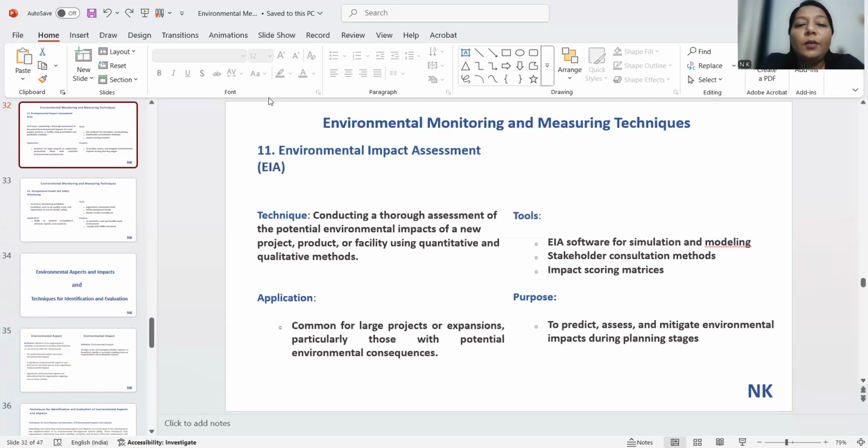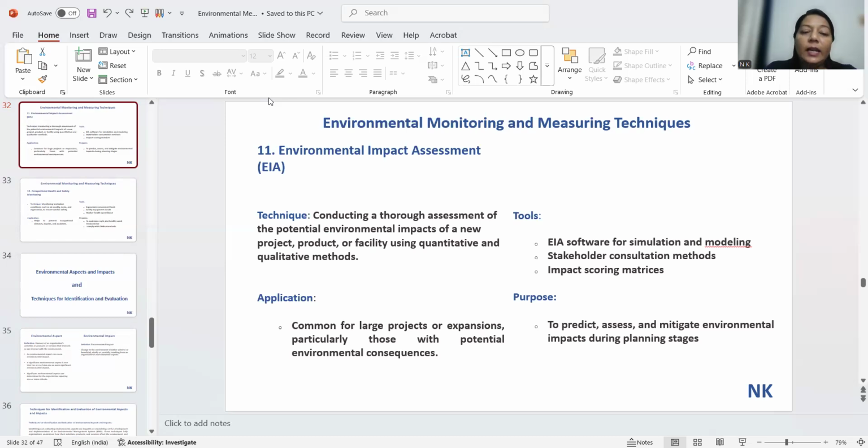This technique conducts a thorough assessment of the potential environmental impact of a new project, product, or facility using quantitative or qualitative methods. In the application part, it is common for large projects and expansions, particularly those with potentially serious environmental consequences.